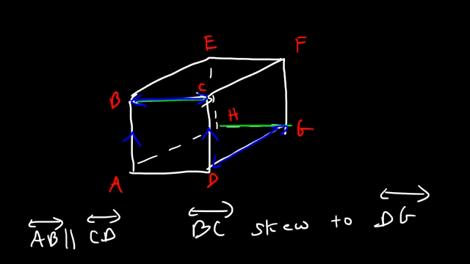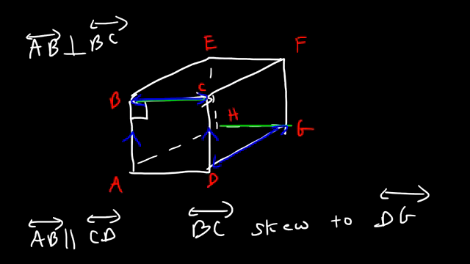And as a result, because they're non-coplanar lines, they will never intersect. Now AB and BC are perpendicular. They do intersect, but at right angles.